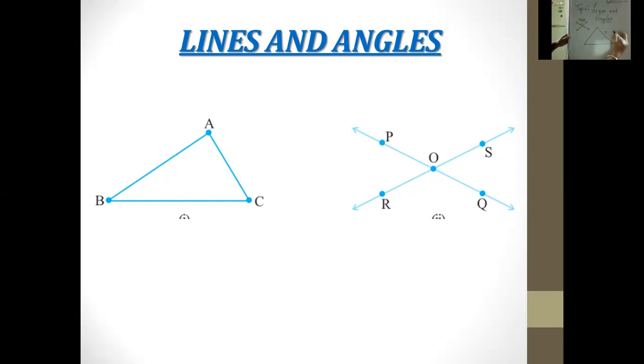We can say that it is also a line A, B, and C. So AB would be a line, and there's O, P, S. So what is this? This is S, sorry, and this is R, and this is Q. We can say that POS, or only angle O, is the angle.